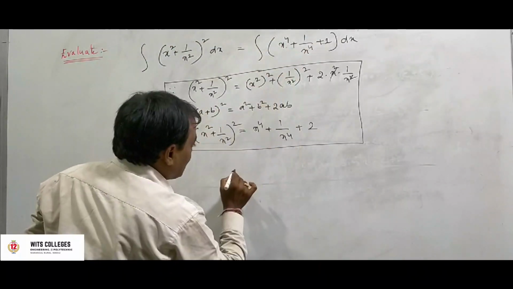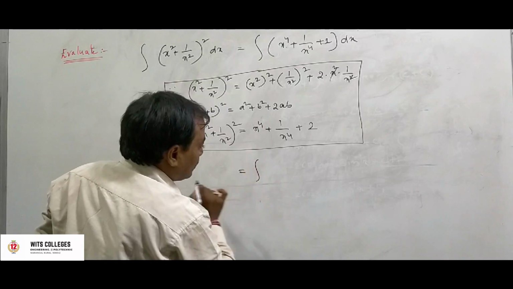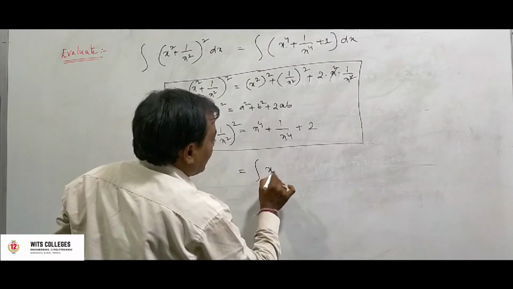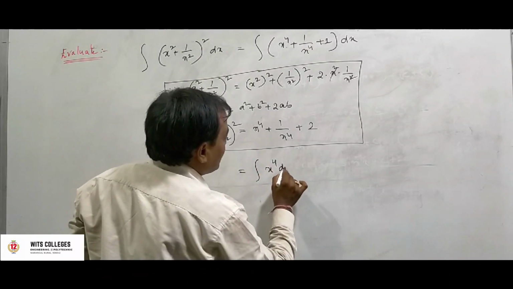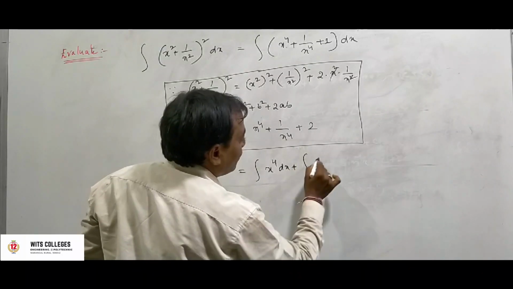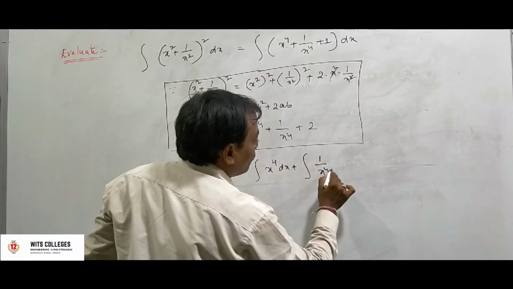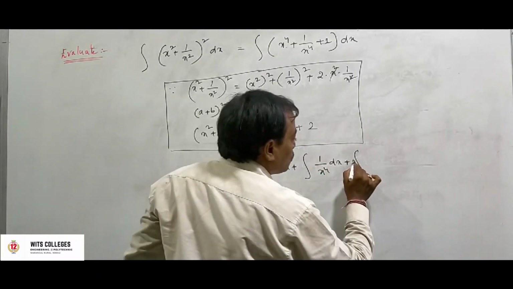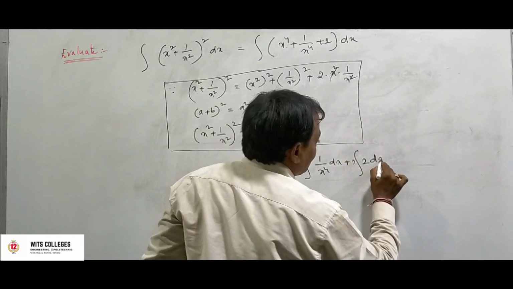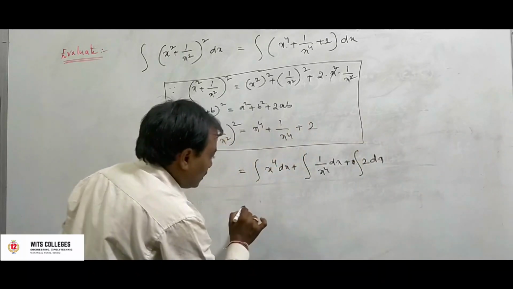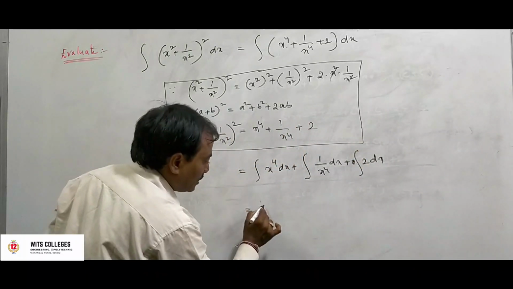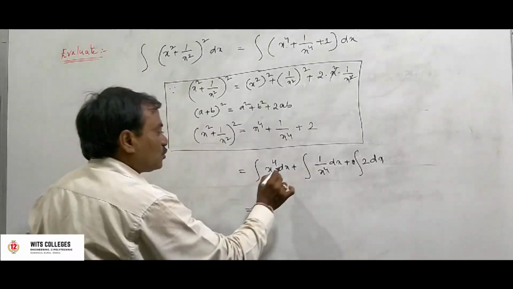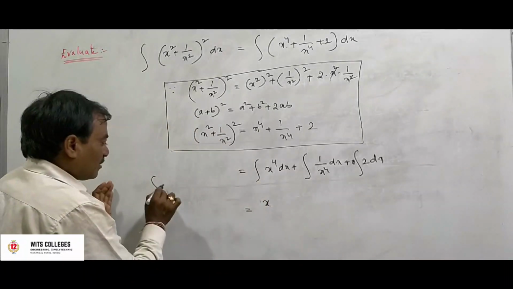Now we split this integral into integral x to the power of 4 dx plus integral 1 by x to the power of 4 dx plus integral 2 dx.